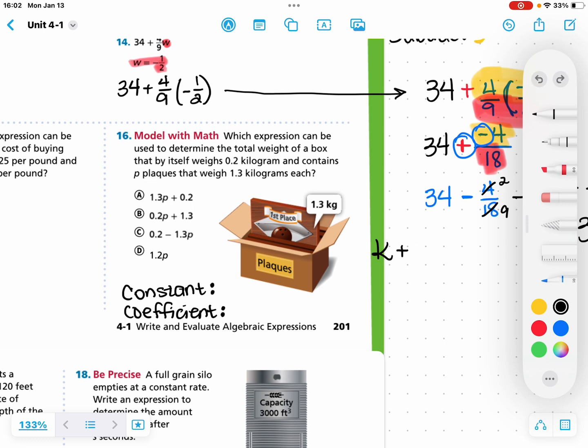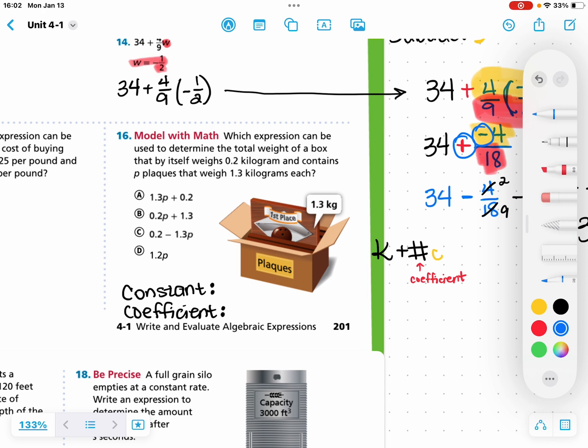So I'm going to change this. I'm going to do a number, which is the coefficient, times a letter. Now, for this letter, I'm just going to use the letter C. So this is how the expressions will be set up most of the time, especially whenever you're dealing with a constant.